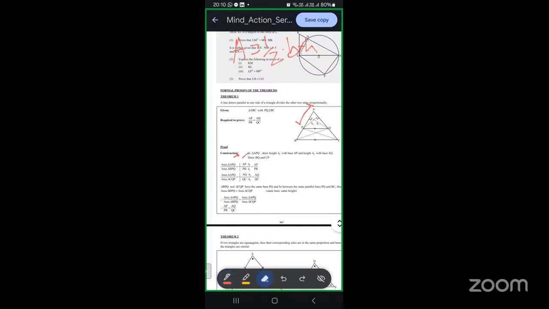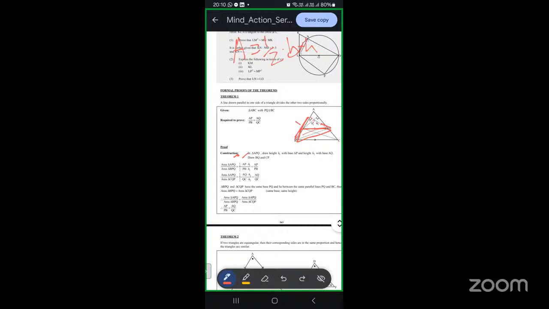Now all over the below triangle, which is this one here, triangle BPQ. BPQ still has the same height, because it's the one that is perpendicular to the base.